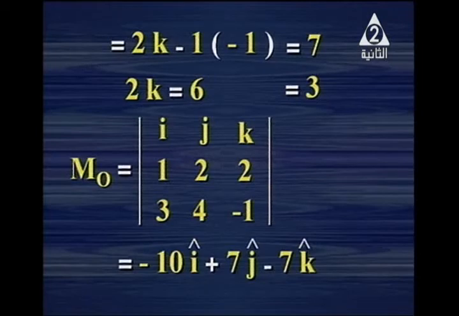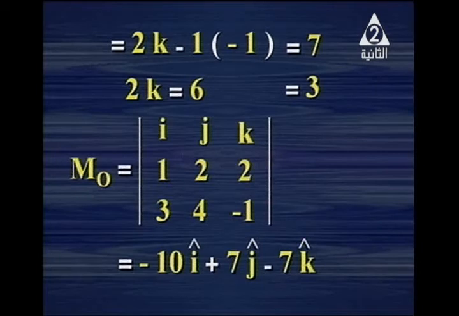Why? Each of i, j, k has a cofactor, a square determinant. What is the determinant for i? 2, 2, 4, negative 1. By using 2 times negative 1 minus 2 times 4 equals negative 10 in the i vector.